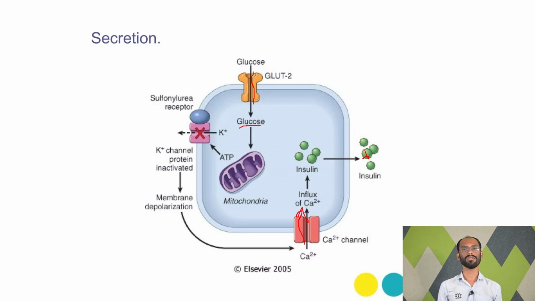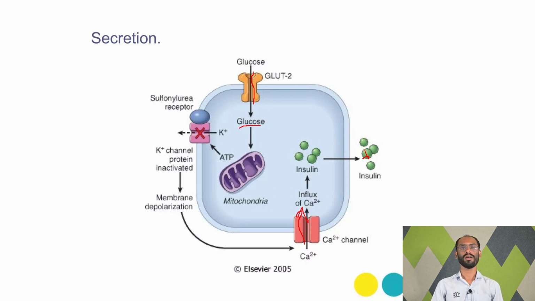During the conversion of glucose to glucose 6 phosphate, one molecule of ATP is released, and this ATP molecule works on another channel present in the beta cells of the pancreas, known as the ATP sensitive potassium channel. In a normal condition, there is an influx of potassium inside the beta cells.